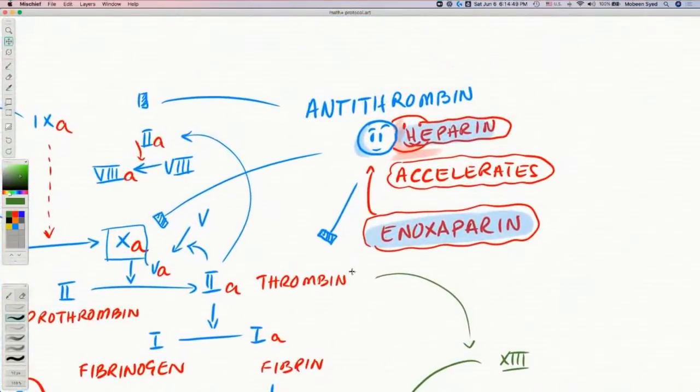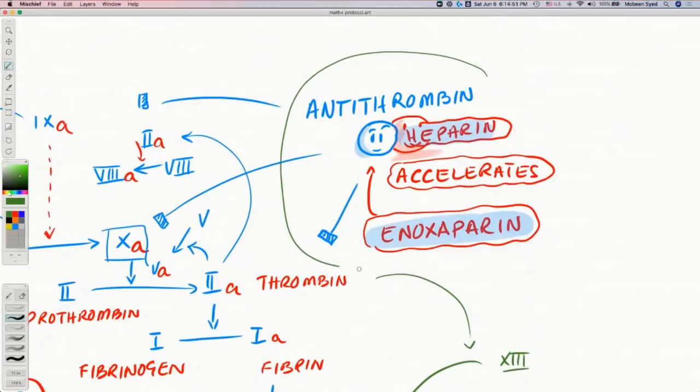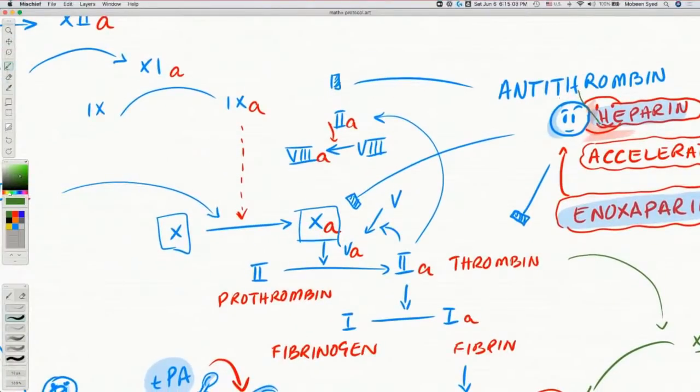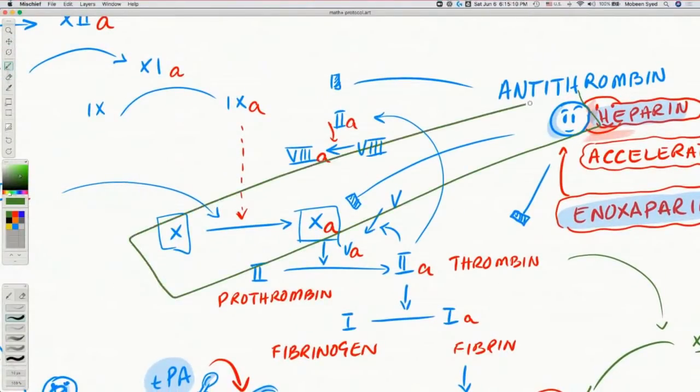Another way we can do this is, if you see here, this blue guy is antithrombin. Antithrombin is another protein that is present in our body. It blocks many parts of the clotting cascade. The important part is blocking the factor 10 activation.